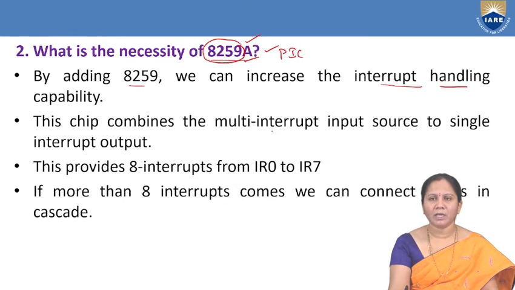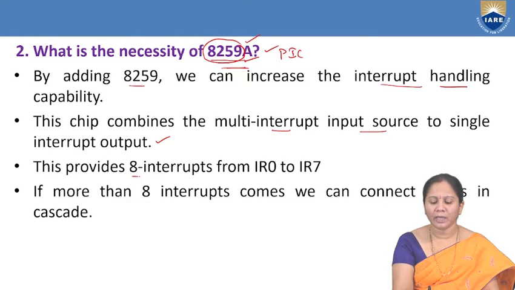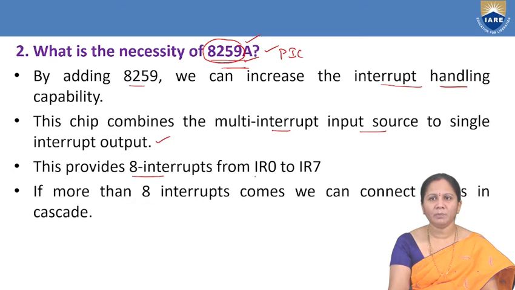This chip combines multiple interrupt input sources into a single interrupt output. Each 8259 IC has 8 interrupt pins, IR0 to IR7. Here IR stands for interrupt request.